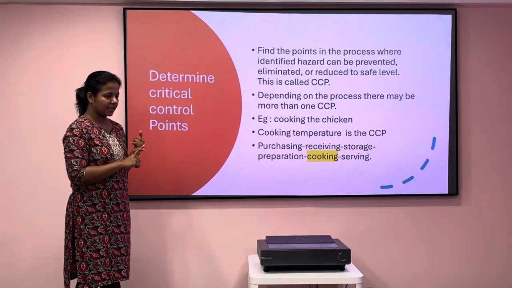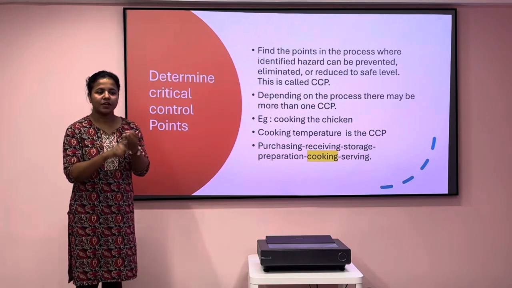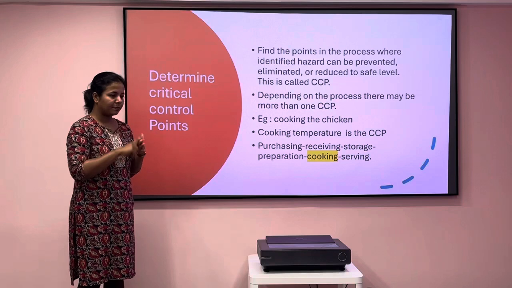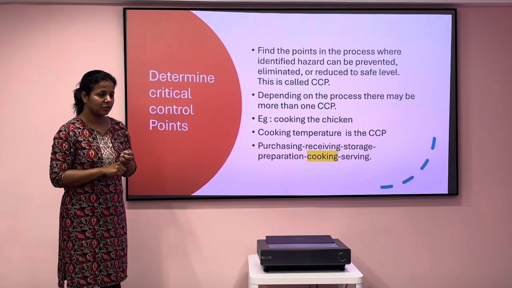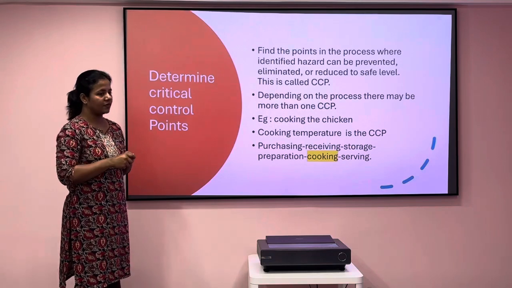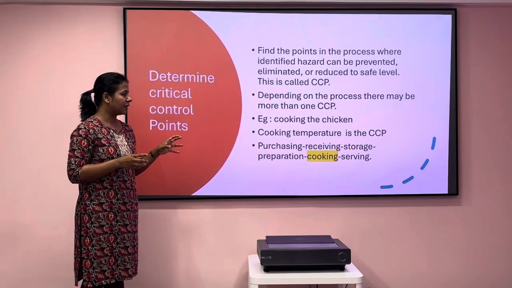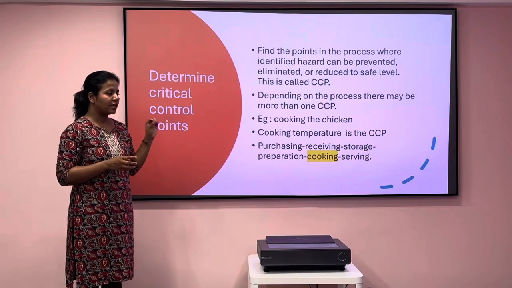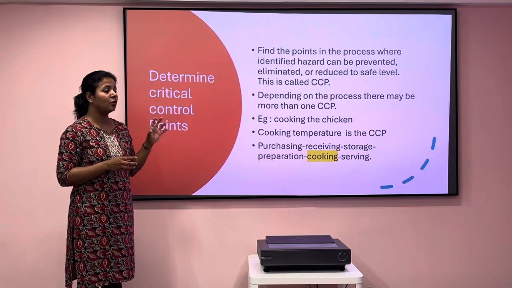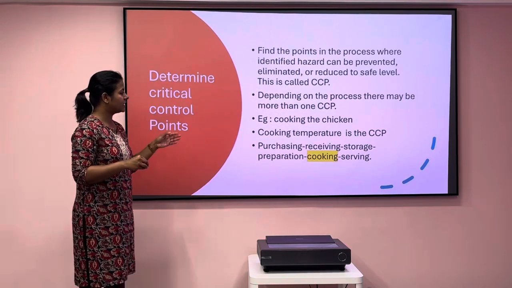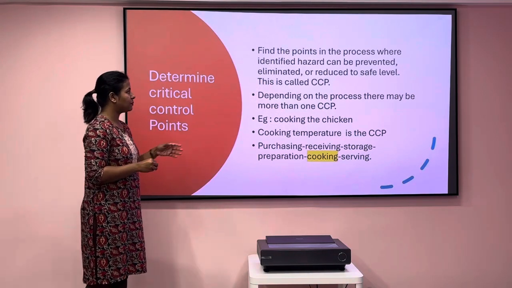We purchase the chicken, receive it, keep it in storage, then prepare it, and our CCP is cooking, because after cooking it goes directly for serving, right? So at cooking time we need to check for hazards. How we check, we will discuss in the next point. So here cooking is the CCP.